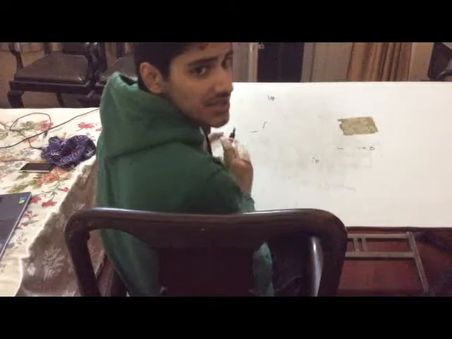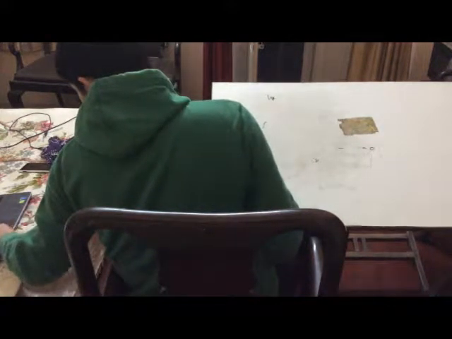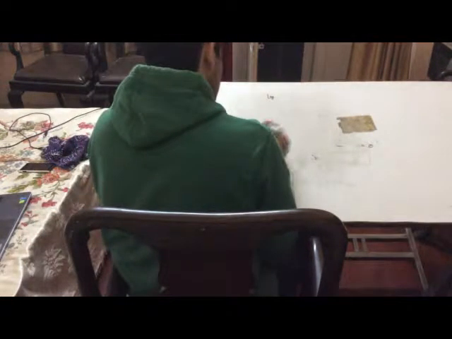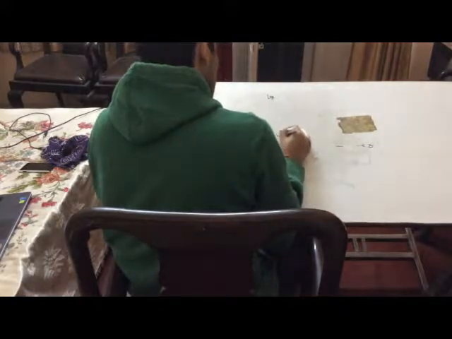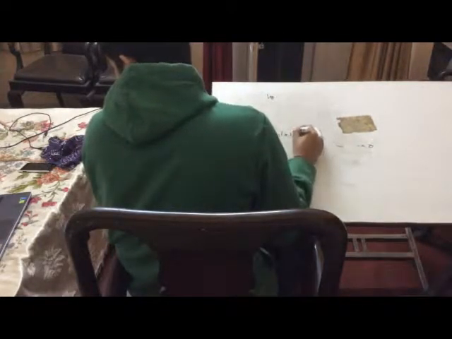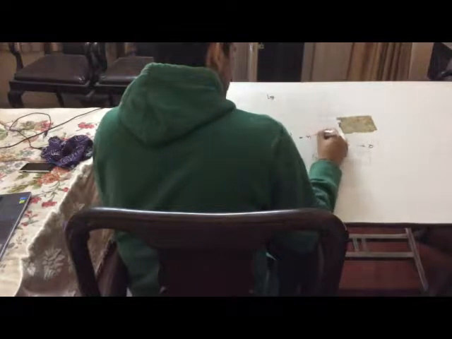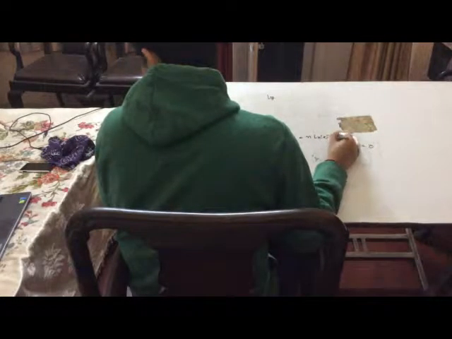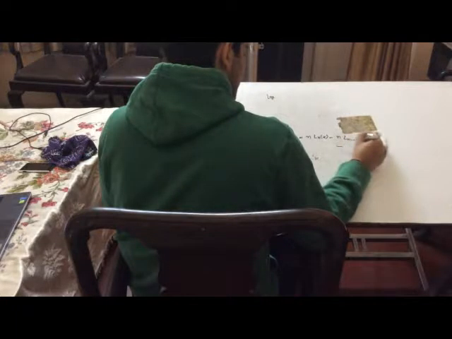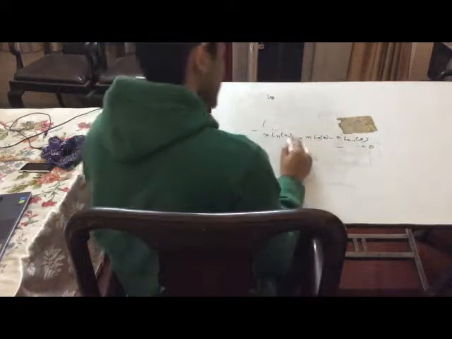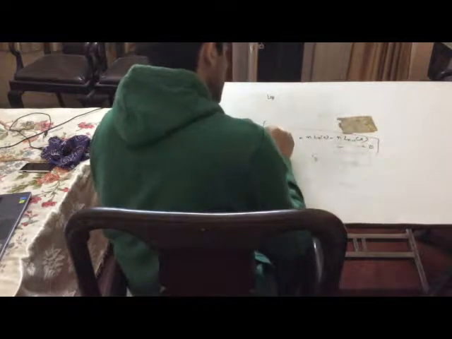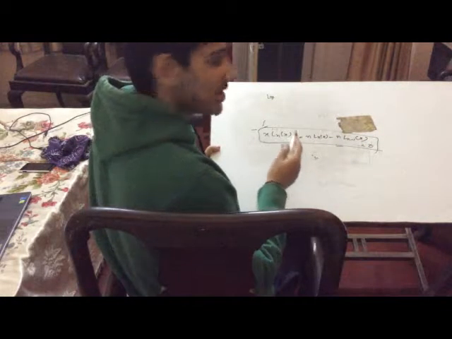This recursion relation is given as x times L_n dash of x equals n times L_n of x minus n times L_(n minus 1) of x. So this is the recursive relation the Laguerre polynomial satisfies.